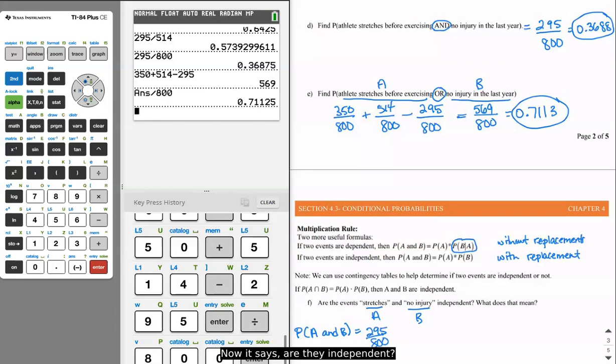Now it says, are they independent? So what we want to find is, does the probability of A and B equal the probability of A times the probability of B?